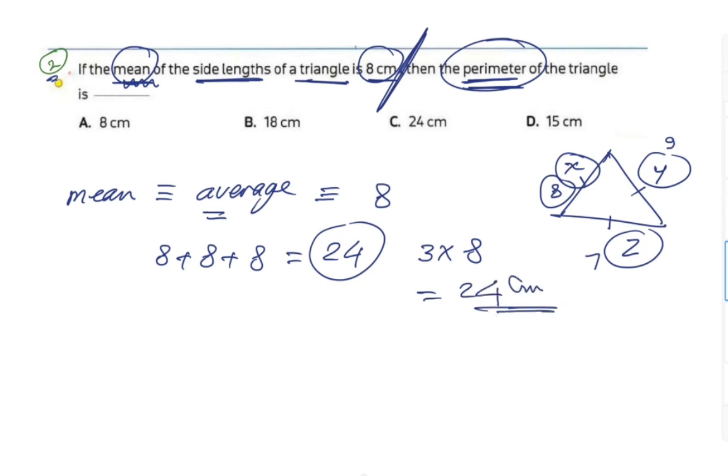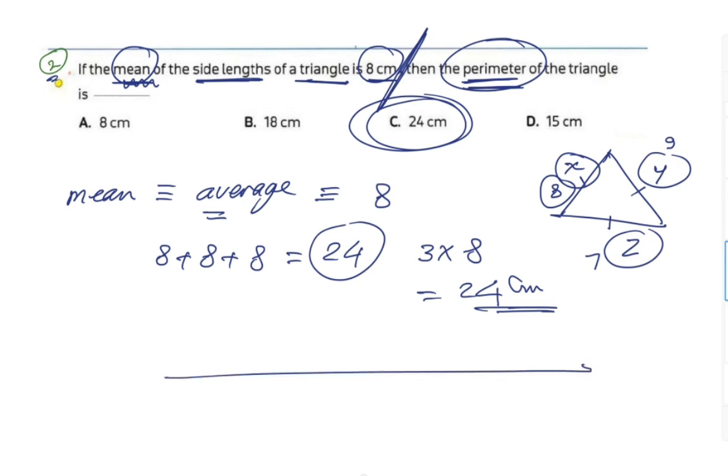Okay, now choose 24 centimeters as the perimeter of this triangle. Okay, this is how to use the mean as an average of a triangle, and this is an important application and question. Now we finished our lesson.